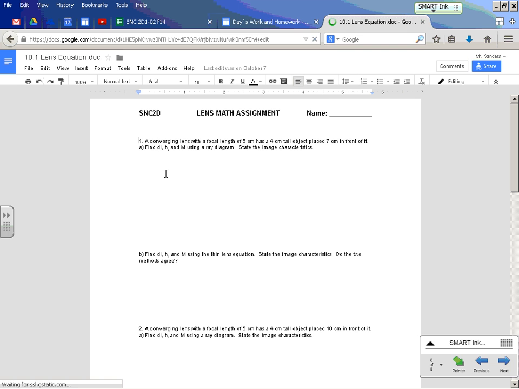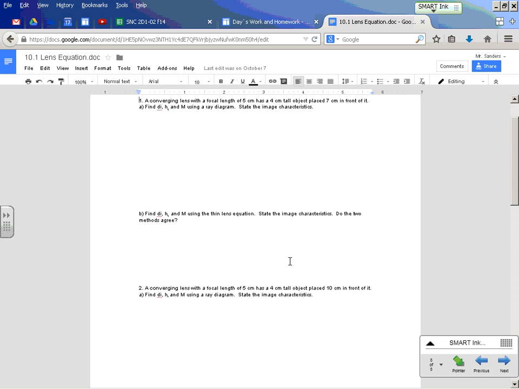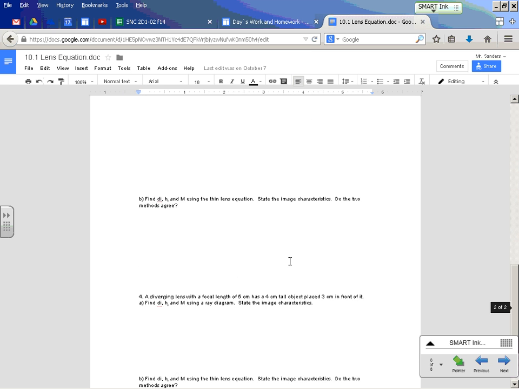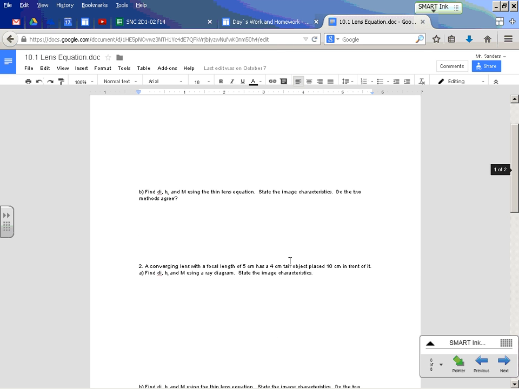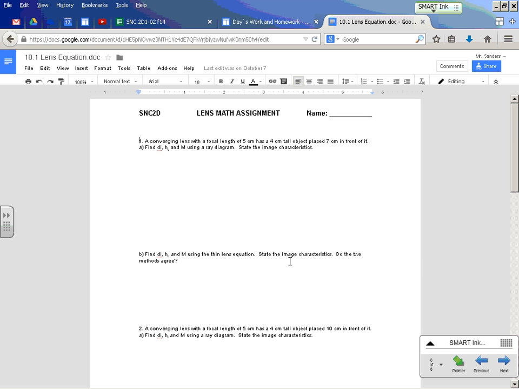Let's bring that up here. And again, it talks about a converging lens, and it says find using a ray diagram. So remember, we did scale ray diagrams, right? I want a scale ray diagram, and then I want the calculations to support it. And again, it's 1, 2, 3, 4. Thank you for groaning. That means I'm doing my job.